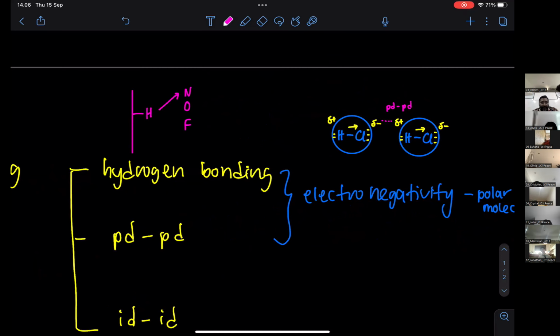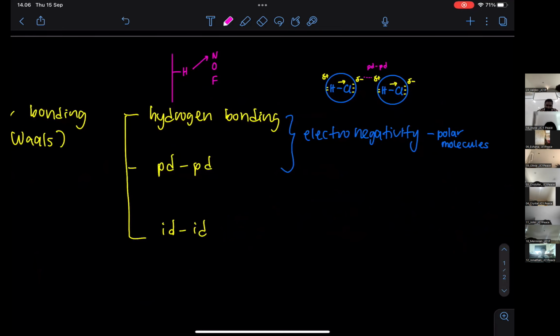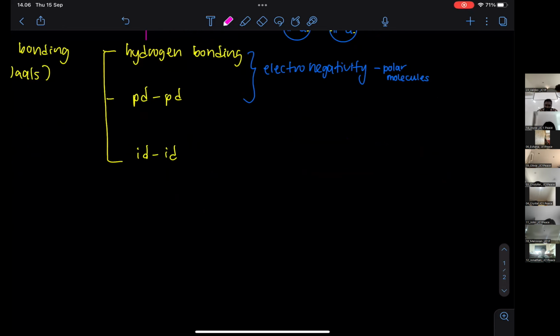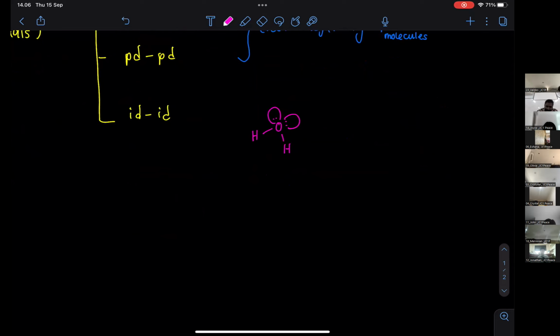The bonds involve nitrogen-hydrogen, oxygen-hydrogen, and F-hydrogen. For example, if you have a water molecule, I will draw something like this. This is a water molecule. Ammonia.